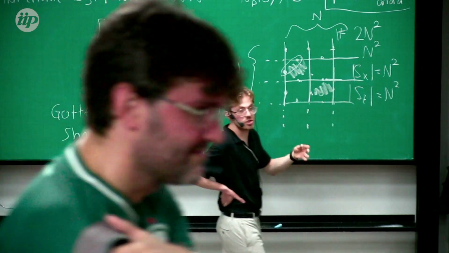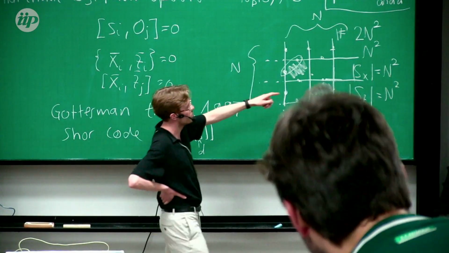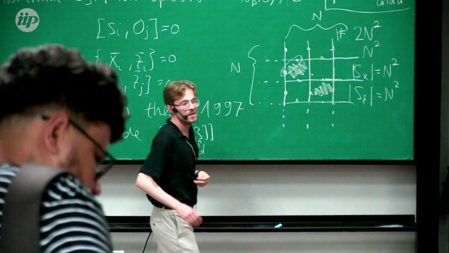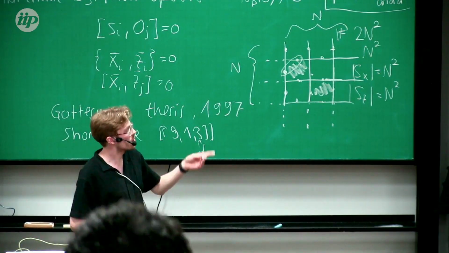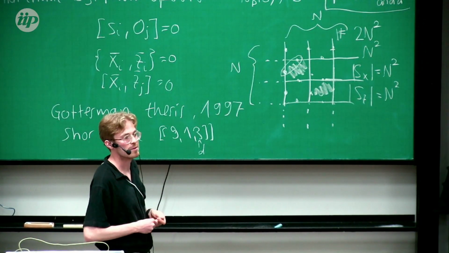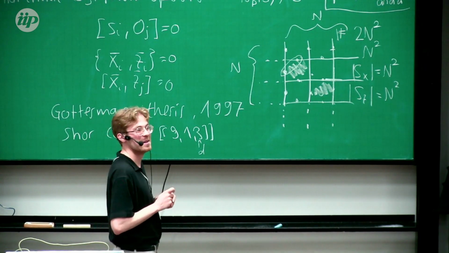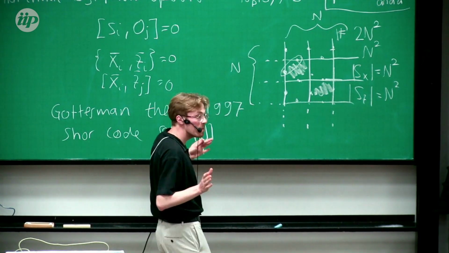And if I now check how many constraints are left, this would be 2n squared minus n squared minus n squared, which is 0. So do we encode 0 logical qubits in this code, or am I missing something? Probably I'm missing something.